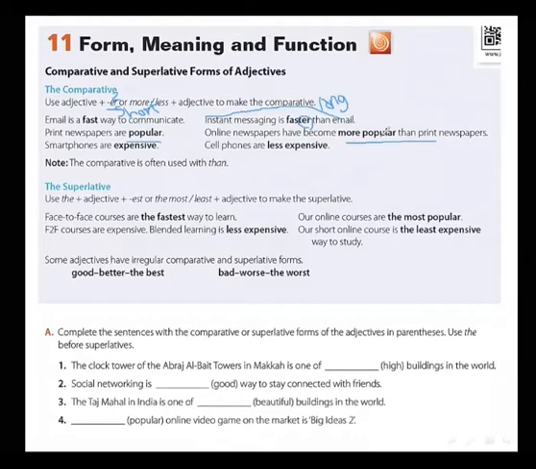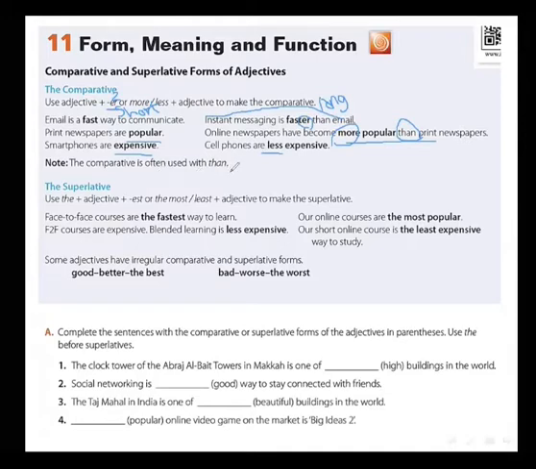This is a long adjective, so we add more plus adjective plus than to compare between two things, online newspapers and print newspapers. Smartphones are expensive. It's also a long adjective. Cell phones are less expensive.